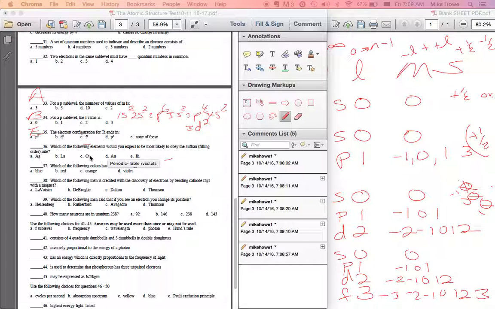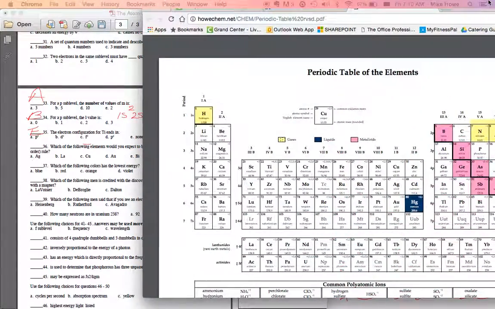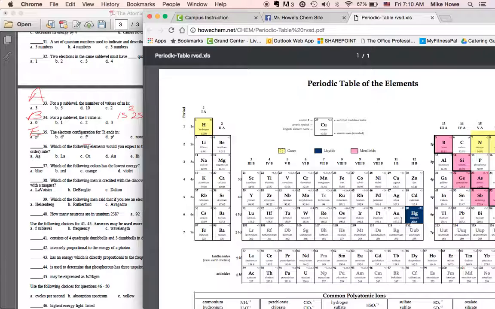Okay, which would be most likely to obey the filling order rule? Now I'll go back over here. If you look at the elements in question, we had silver. Silver is sitting right here, so it's in the D block. Lanthanum is down here at the beginning of the F block.